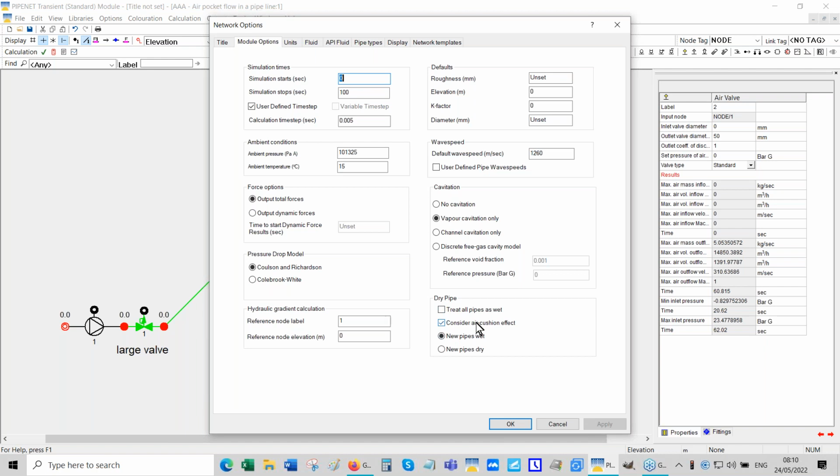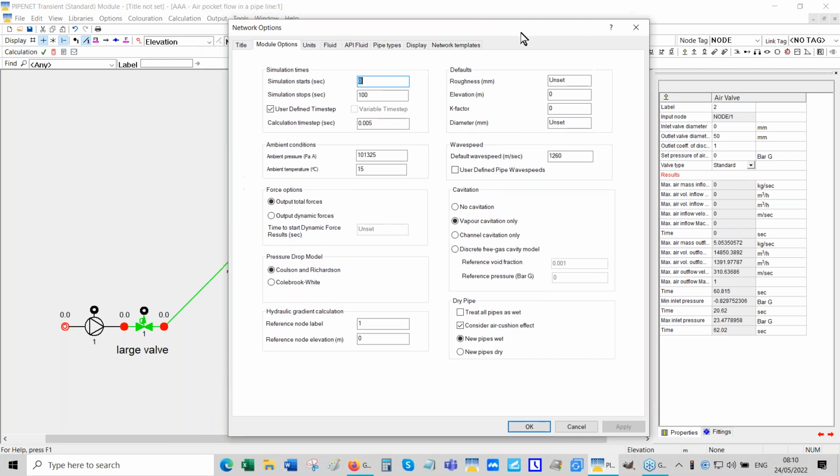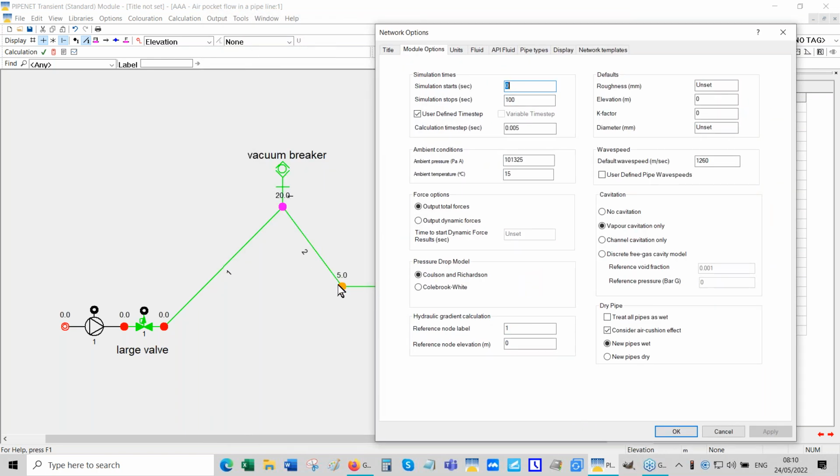Now, you would have come across the term dry pipe 1 model and dry pipe 2 model. Dry pipe 2 model actually is one of the facets of the model of PIPENET, because it can work in conjunction with an air valve, and it can allow air to come in. So that's why it's called air cushioning effect.